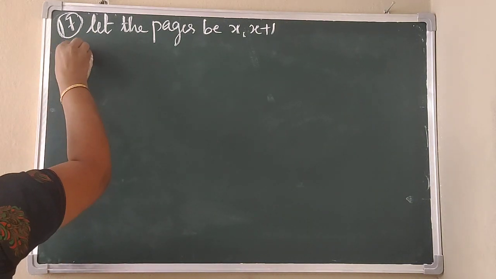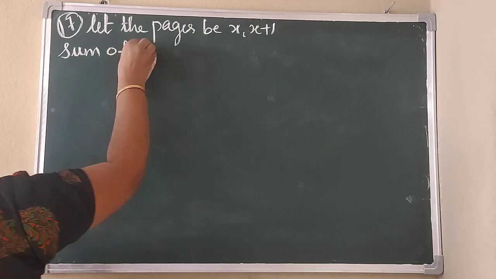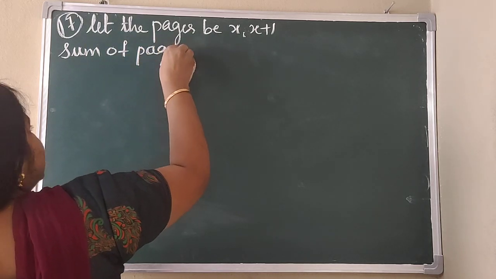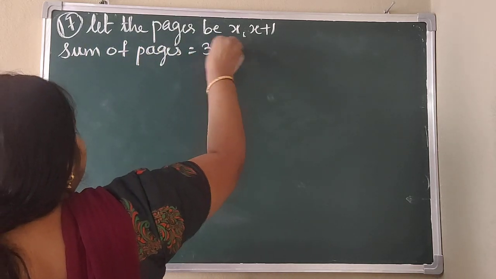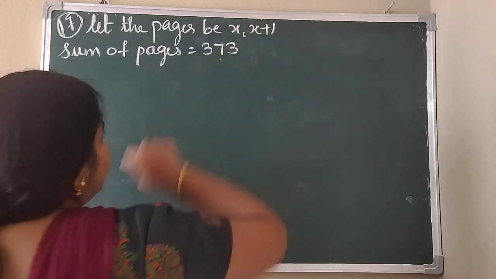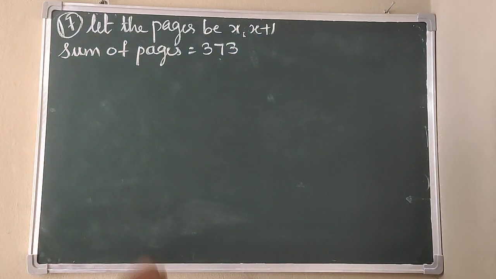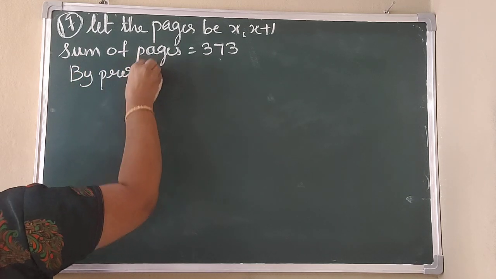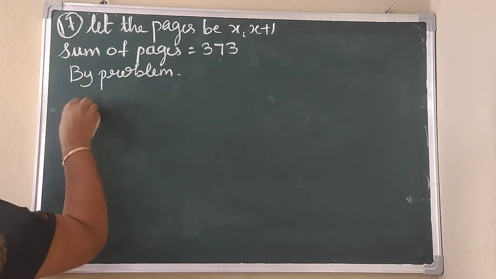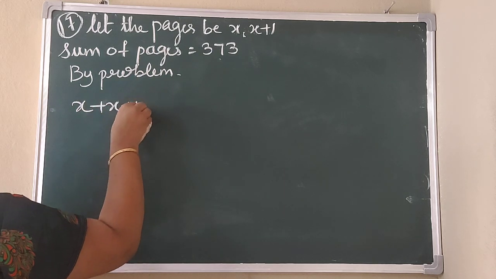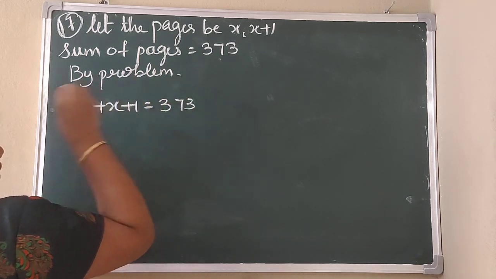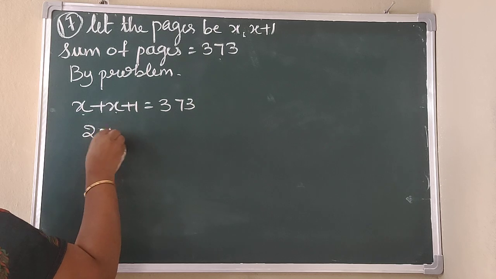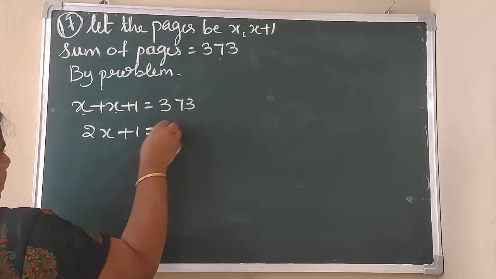So sum of pages is equal to 373. So if you are adding these two, that will be equal to 373. So by the problem, we can write x plus x plus 1 is equal to 373. x plus x is how much? 2x plus 1 is equal to 373.